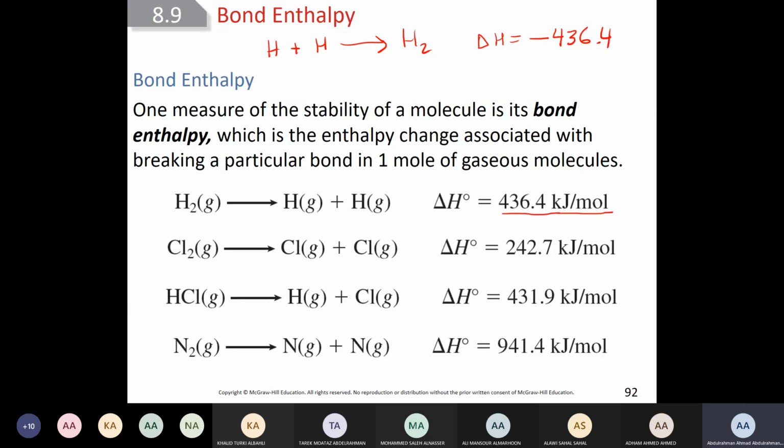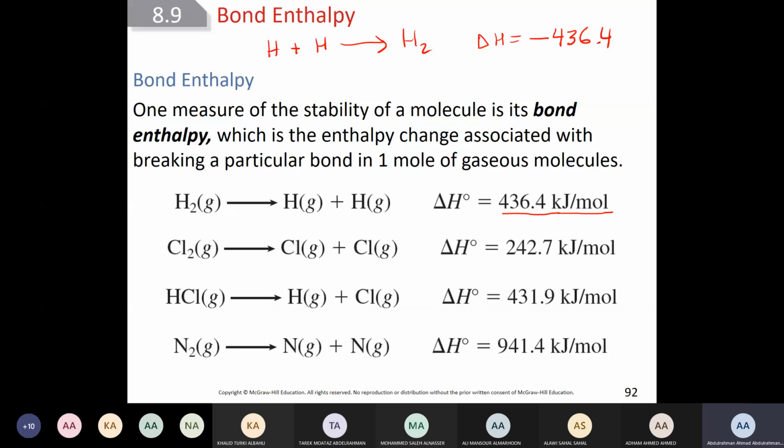So generally, if you break a bond, this means you have to put what for delta H? Plus. If you make a bond, you have to put negative. Minus for the bond. Good. All right.